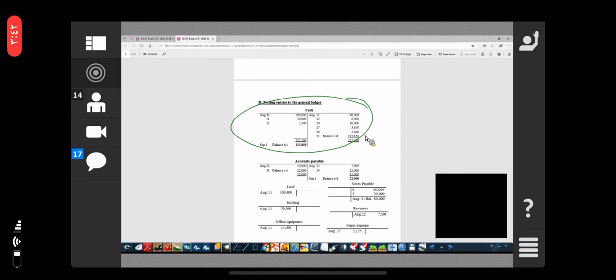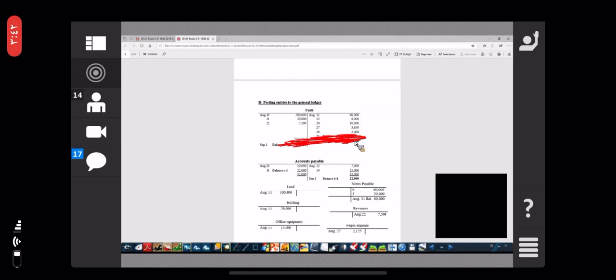After you post, you will put the total amount. Okay, so these are all the transactions with the cash account.